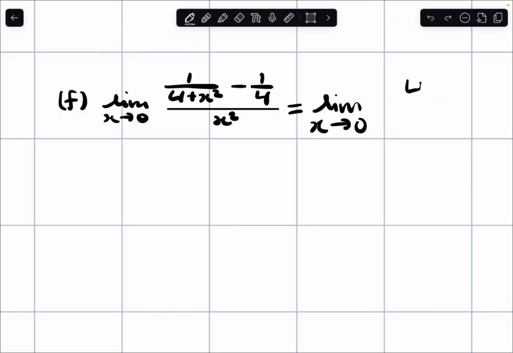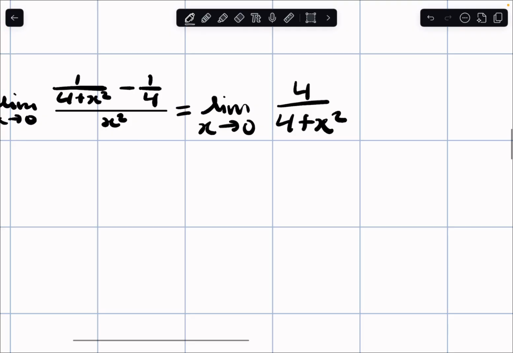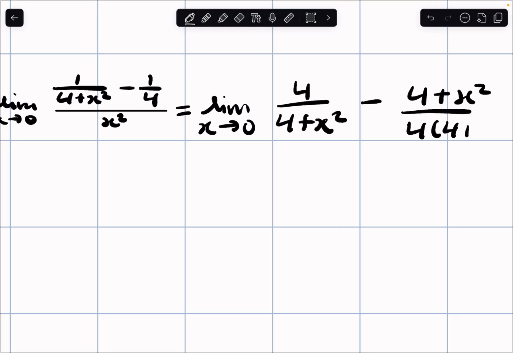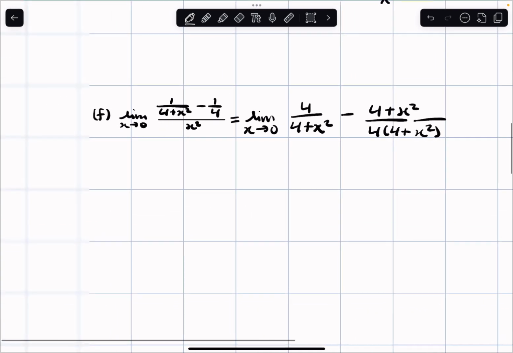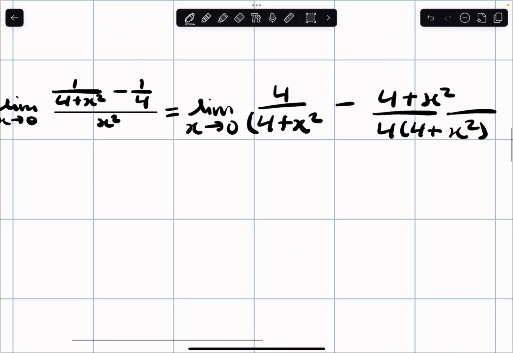So we're going to multiply this by 4, then 4 plus x squared, minus, then we'll multiply this by 4 plus x squared. Forgot to mark this with the 4 down there.